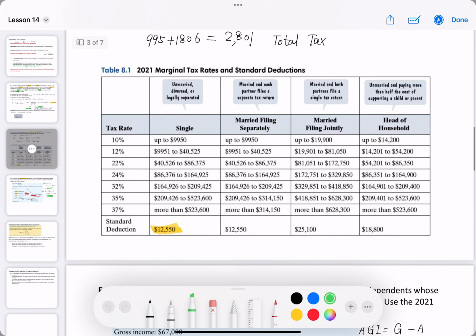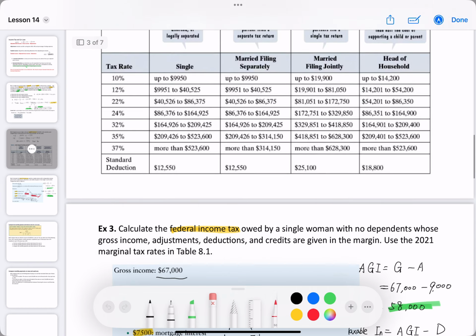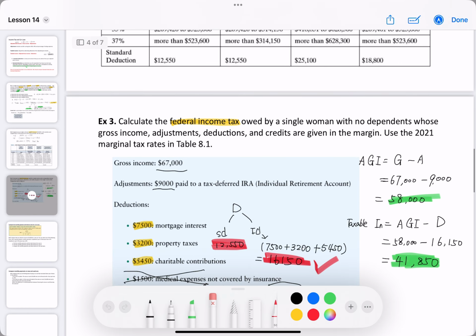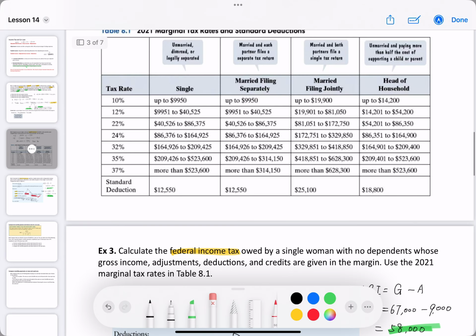So this lady is a single lady, and we are finding something in the single column. In this column, which bracket is 41,850 in? I'm thinking it's in this bracket. It's not working. Oh, here, in this bracket. Her money is just in this bracket.